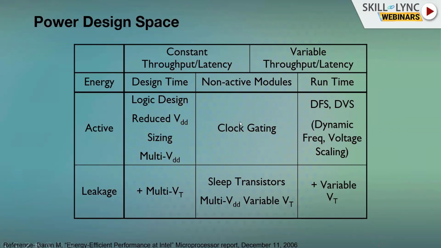And then another method of reducing your active power is clock gating. Mainly most of the power which is burning in your design would be from the clock. So the clock would be unnecessarily toggling even though your data doesn't toggle. In that scenario, what we can do is make a proper enable expression and make it dependent, like if data is toggling, make the clock toggle. We do that by clock gating.